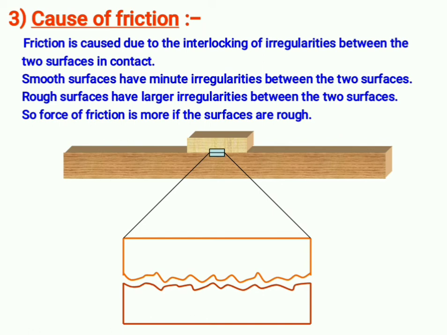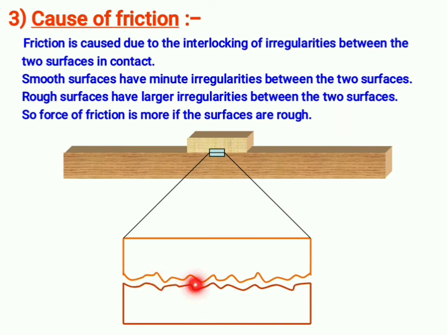For example, a glass surface is very smooth, but it may also have very slight irregularities. Because it has very few irregularities, objects, especially rolling objects like cells, can easily move. But the surface of cloth or soil has more irregularities.